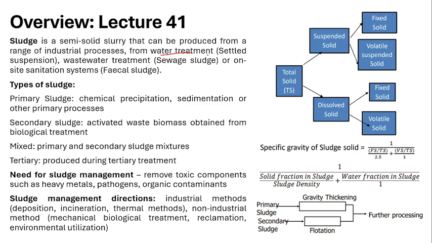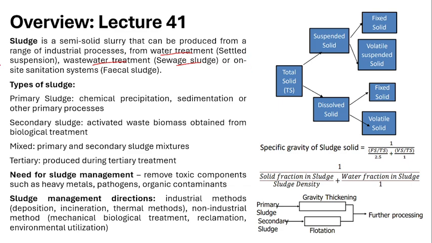Whenever you are treating the water, the settled suspension here is termed as the sludge. And in the case of wastewater treatment from the STPs or the industries' ETPs, the wastewater treatment produces a type of sludge called sewage sludge.